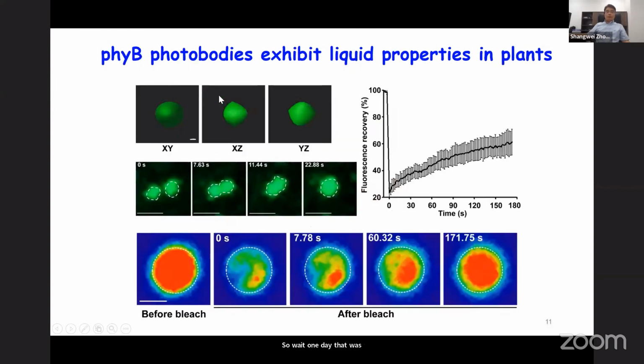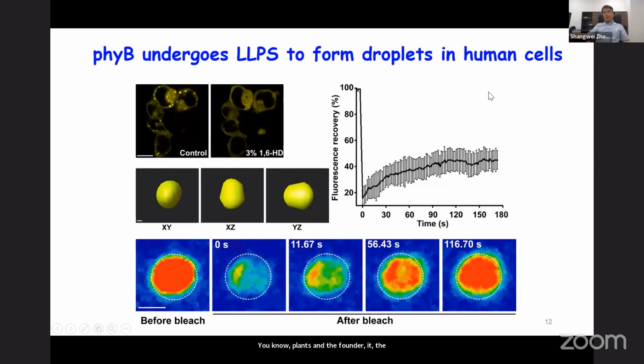We examined the properties of phy photobodies in plants and found they exhibit the classical liquid properties. We also expressed phy in human cells, and we found these phy photobodies also have liquid properties. So phy likely undergoes phase separation to form these droplets.